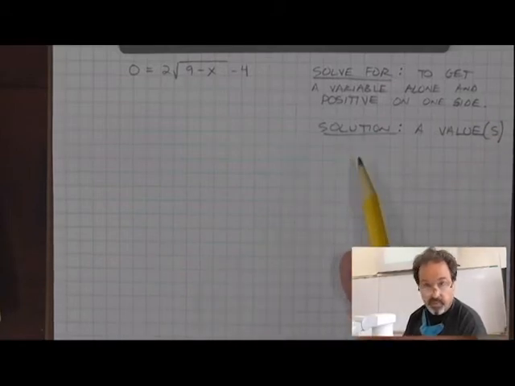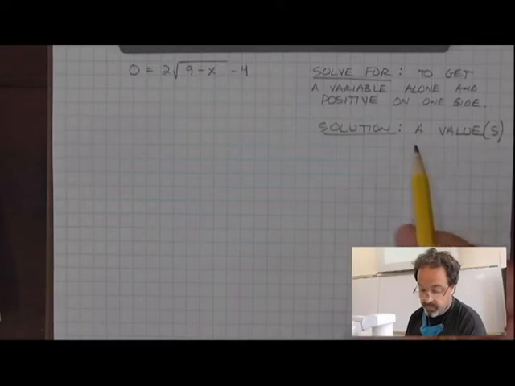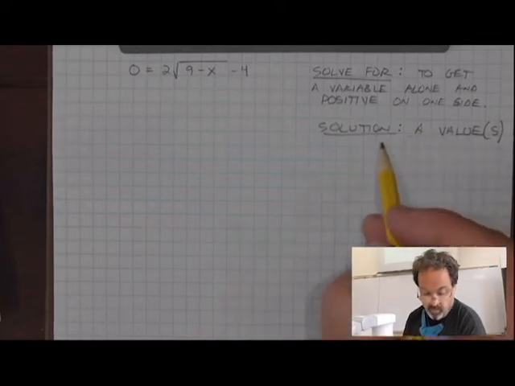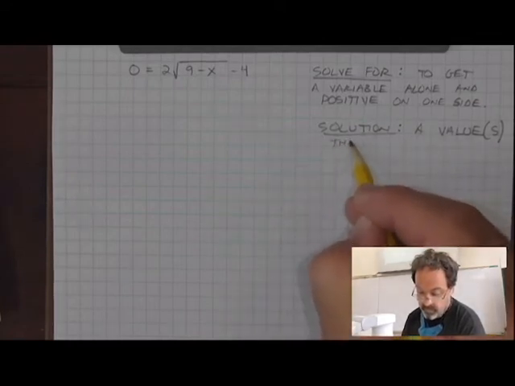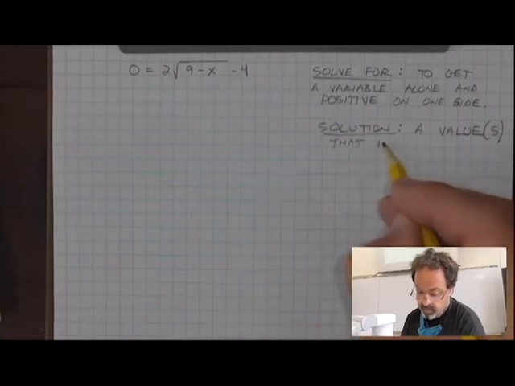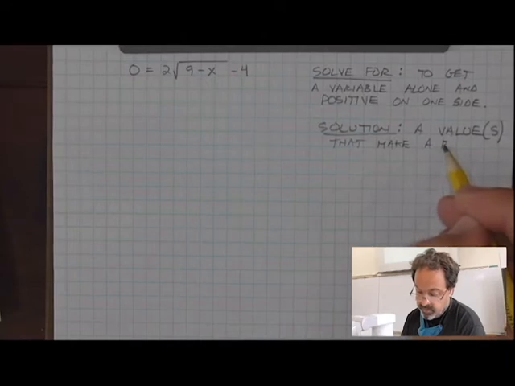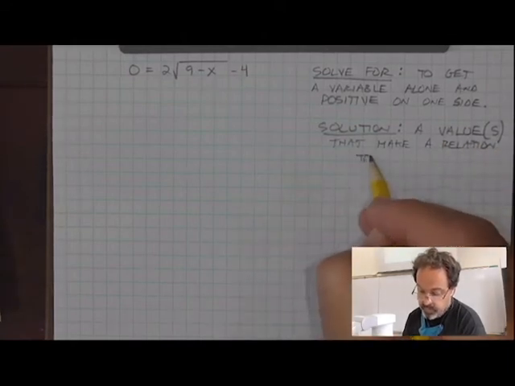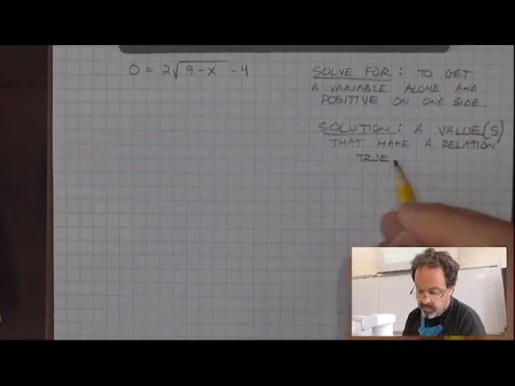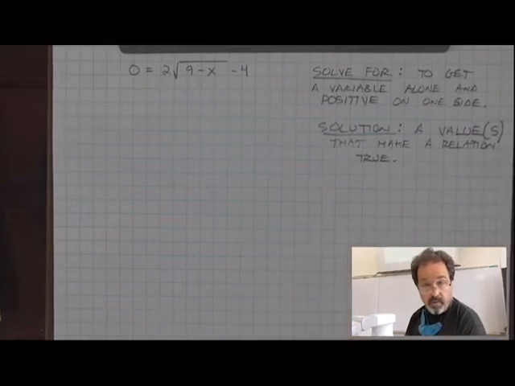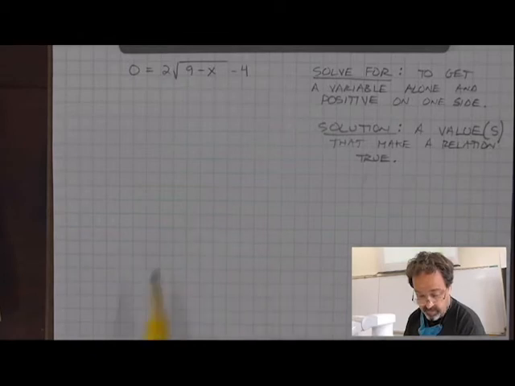So a solution could be more than one value. It is a value or values that make a relation true. And what it means for something to be made true, I'll give you an example of when we get to that point in the process.